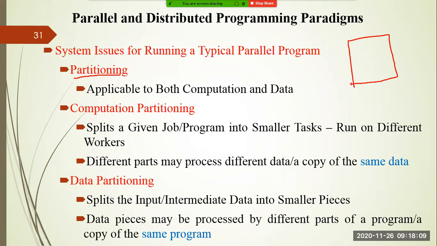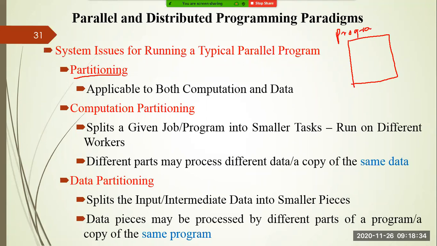That is the very first issue. Second one, computational partitioning. I told you partitioning may be of two types: one is computational partitioning, or it may be data partitioning. In computational partitioning, what is our job? This splits a given job or a program into smaller tasks. A program is given to you, like I told you, you have written a C program.